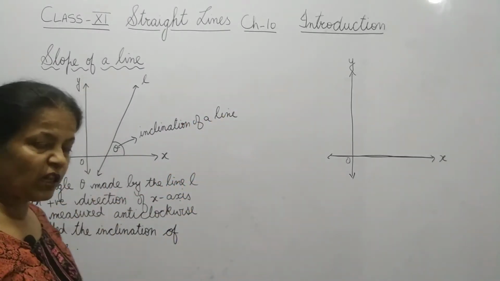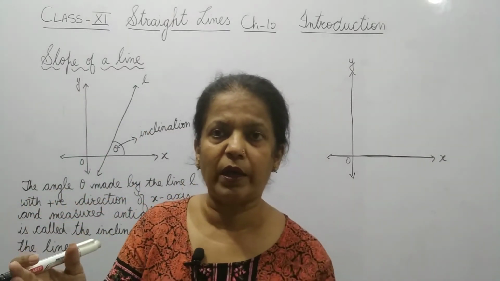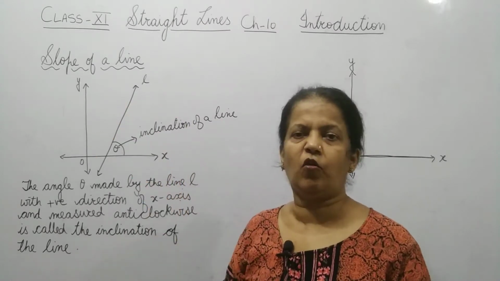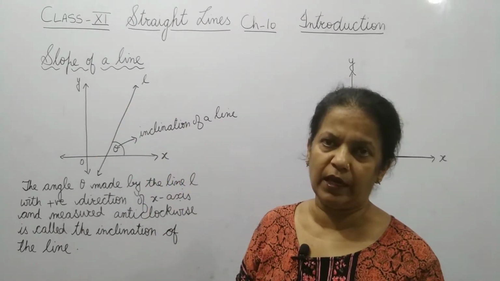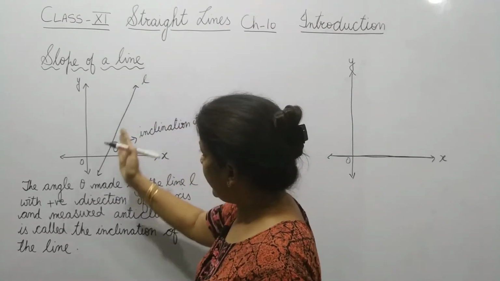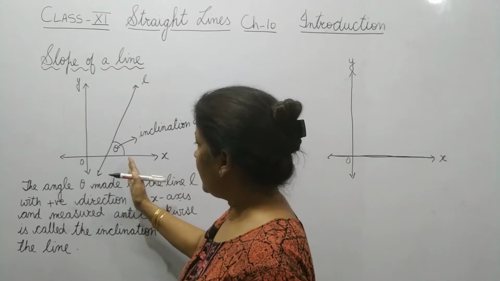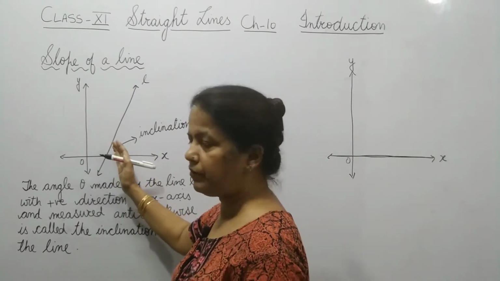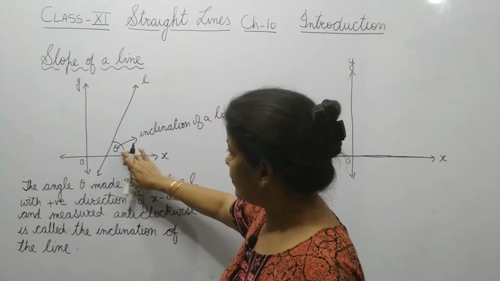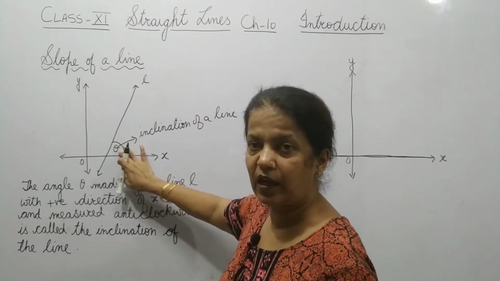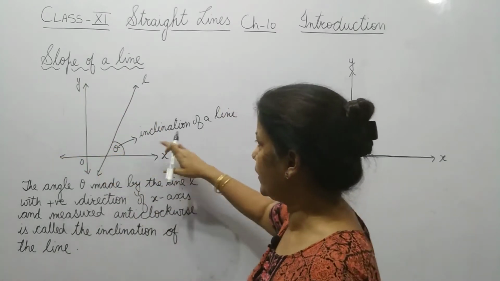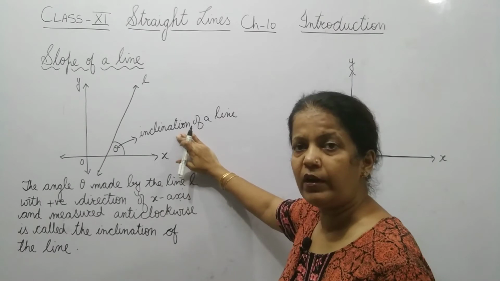So the slope of a line means how much slope, how much slant, a line has with respect to the axis. That we have to find out. So the line L which makes an angle theta with the positive direction of x-axis, anti-clockwise, that theta is the inclination of a line.